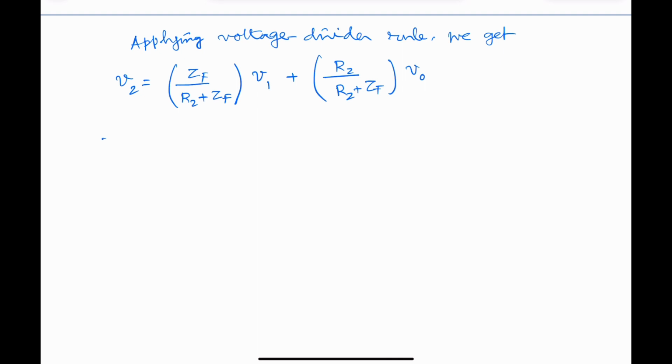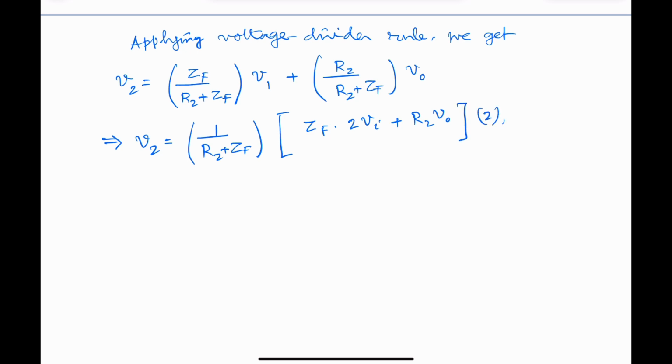Or this gives you V2 as 1 upon (R2 plus ZF), which is a common factor in both of the terms, into ZF into V1, and V1 is 2Vi, so put the value of V1 as 2Vi, plus R2 into V0. This is our equation 2.